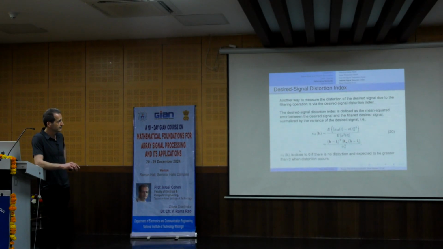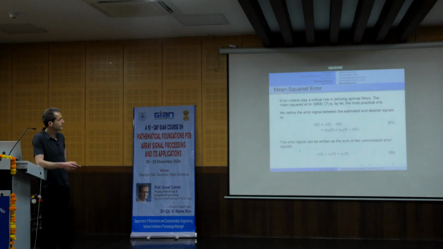So we have this expression. We want this distortion index, which is roughly between 0 and 1, to be as close as possible to 0. So we want to find H such that this expression is close to 0, which means that the signal is less distorted.